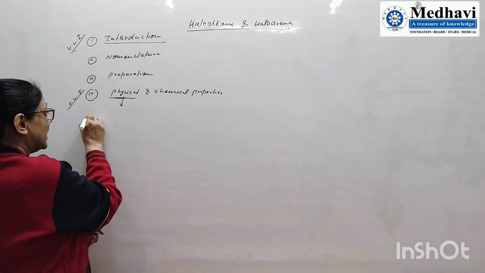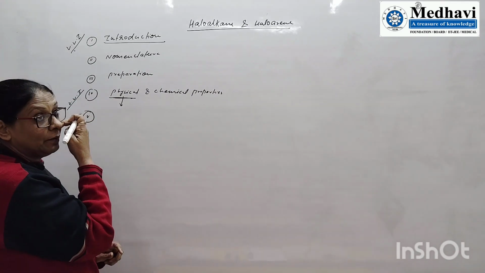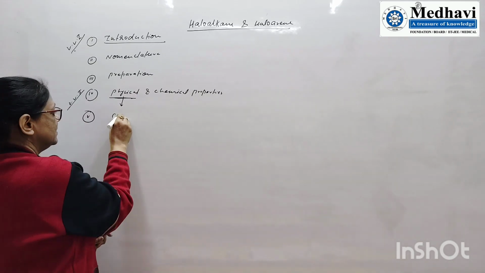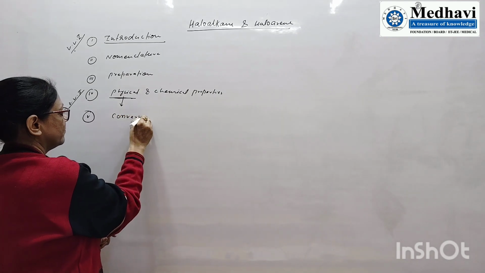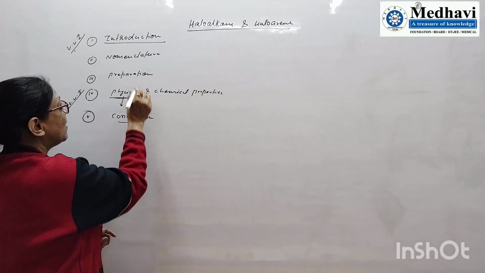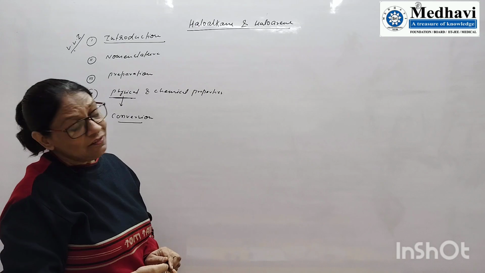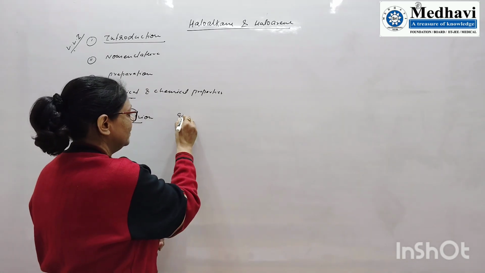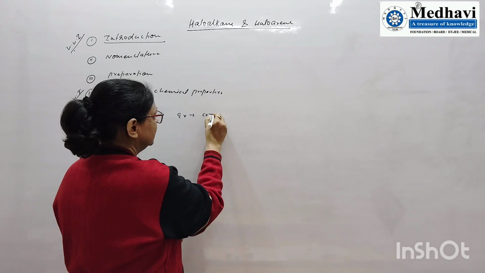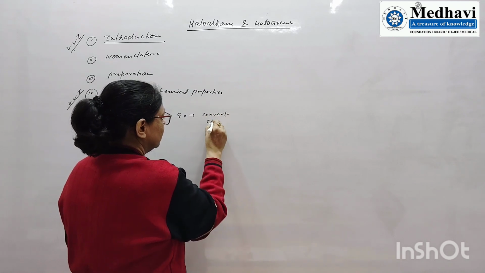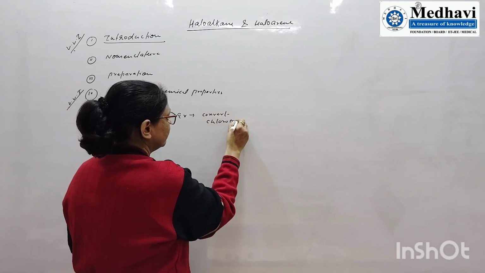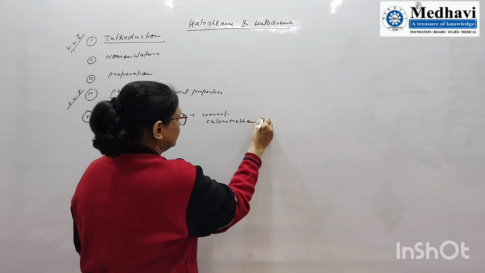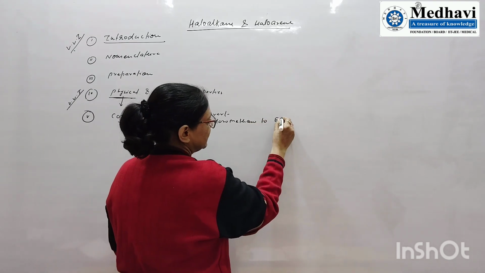And the last, which is very important for competition, is conversion. If you have command of these 4, then only go for conversion. For example, convert chloromethane to ethanoic acid.